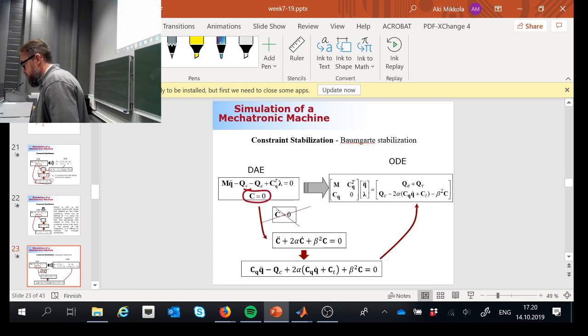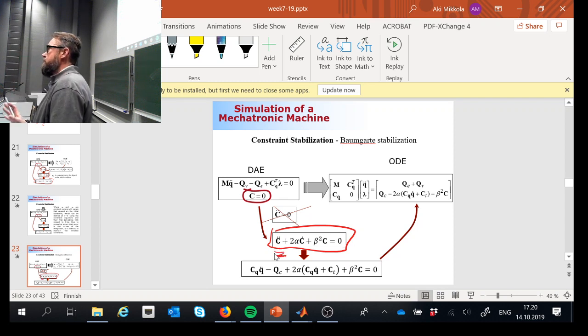Well, we can fix this problem by expressing the constraints in a slightly modified way. In this modified way, I still have my acceleration component as it is written here. But then I'm using two additional artificial components that force this equation to fulfill the constraint also at the velocity and position level.